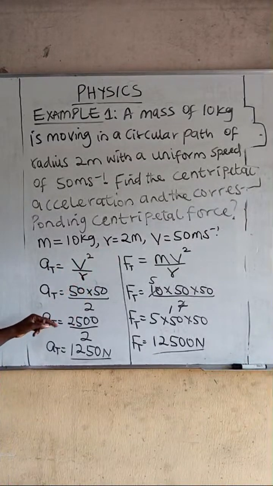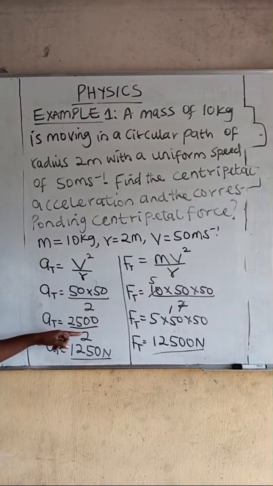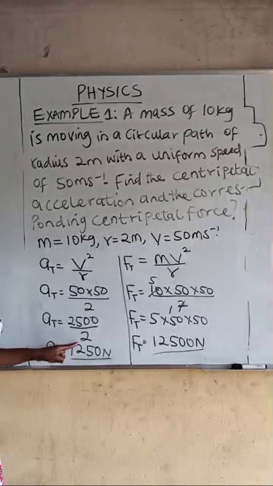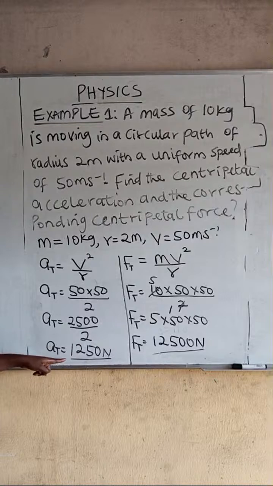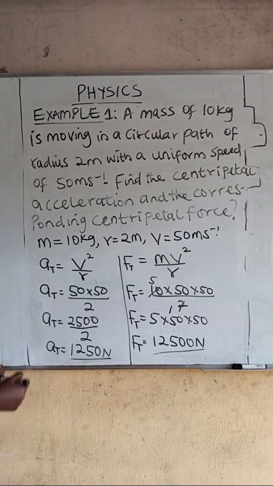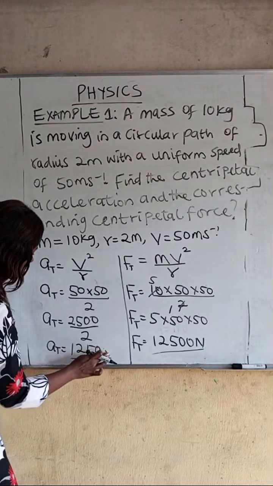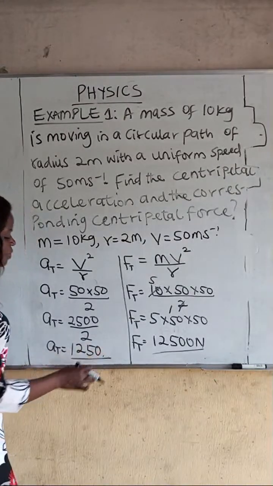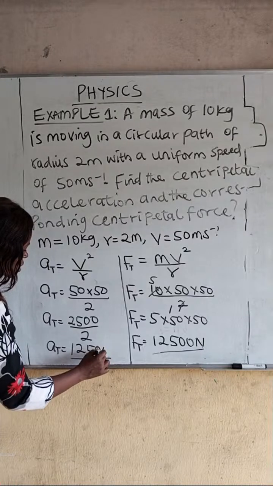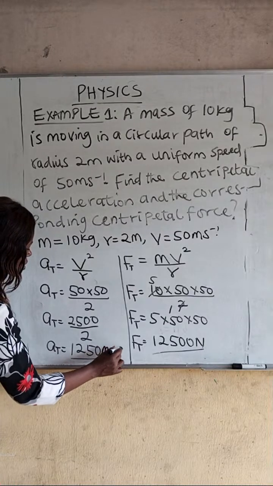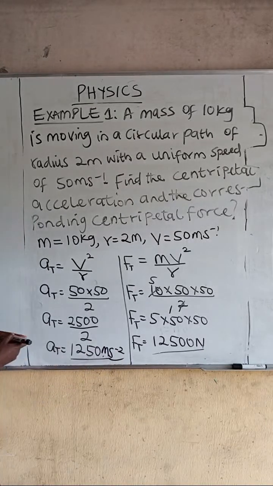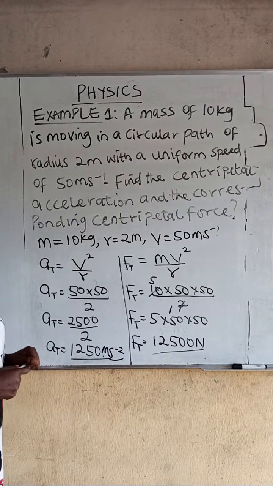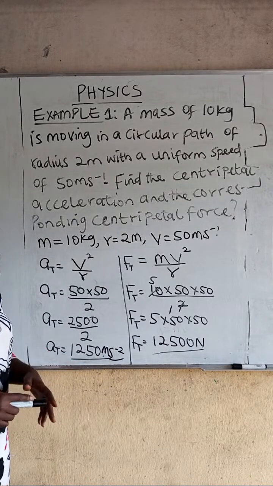I multiply. 50 times 50 is 2,500. Then divide it by 2. And my answer becomes 1,250 Newton. Sorry, this is not supposed to be Newton because acceleration is measured in meters per second. So this is 1,250 meters per second as the acceleration.